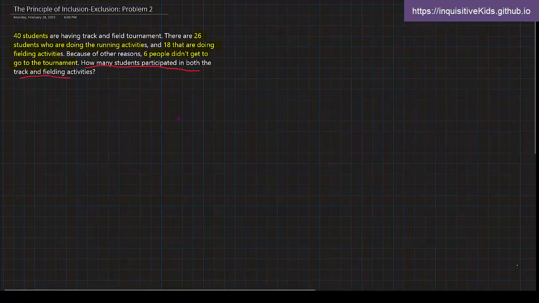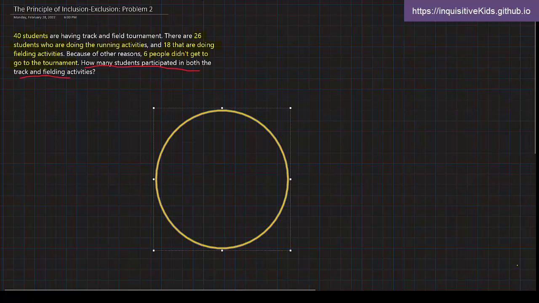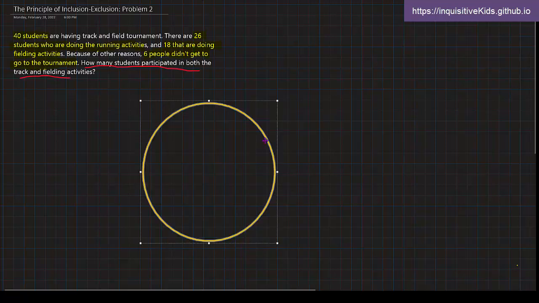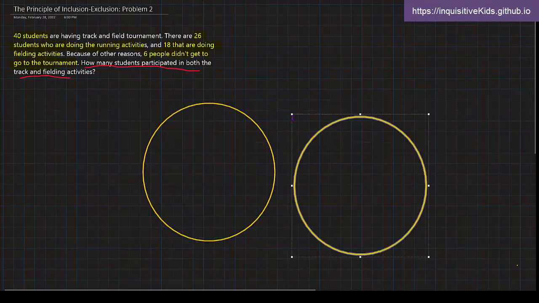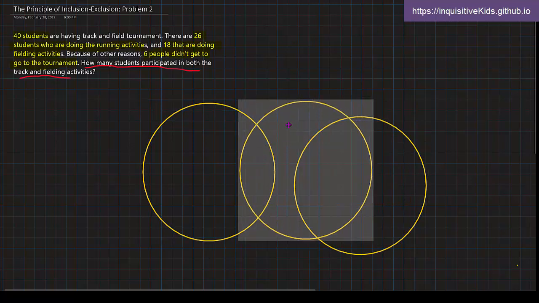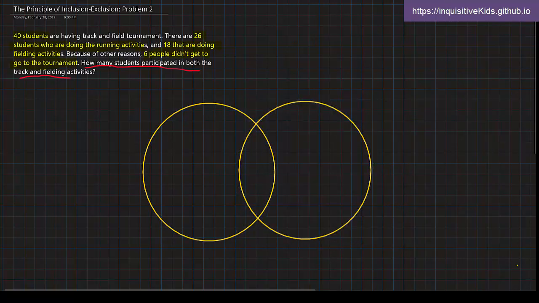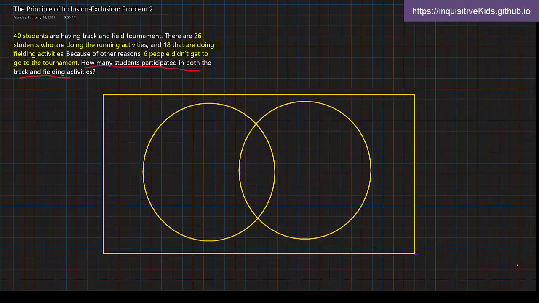Well, first we see there are 2 categories. But right here, there's an extra 6 people that didn't participate because of other reasons.